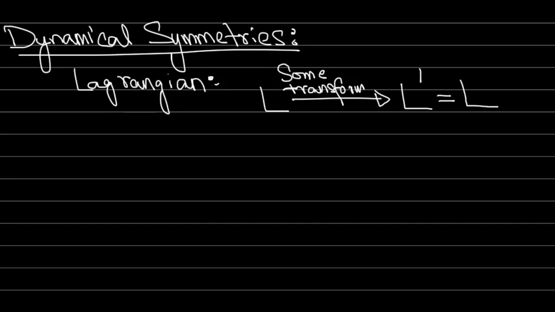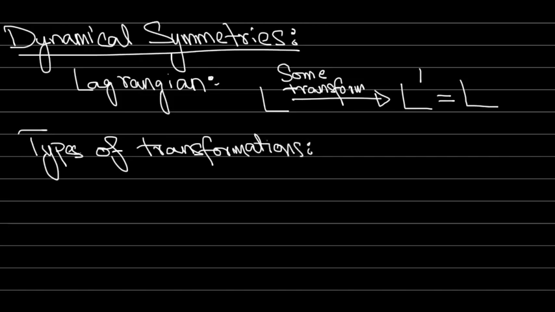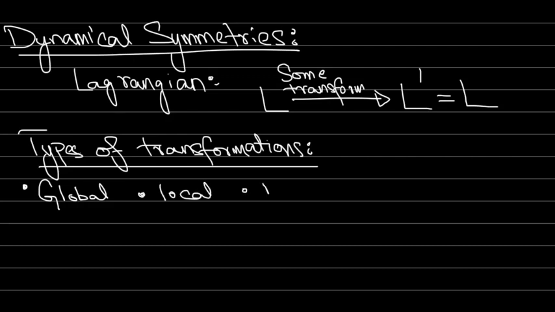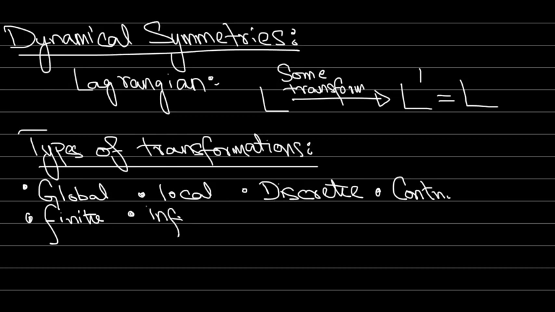The types of transformations, in no particular order, are: global, local, discrete symmetries, continuous symmetries, finite symmetries, then of course infinite symmetries, and compact and non-compact.